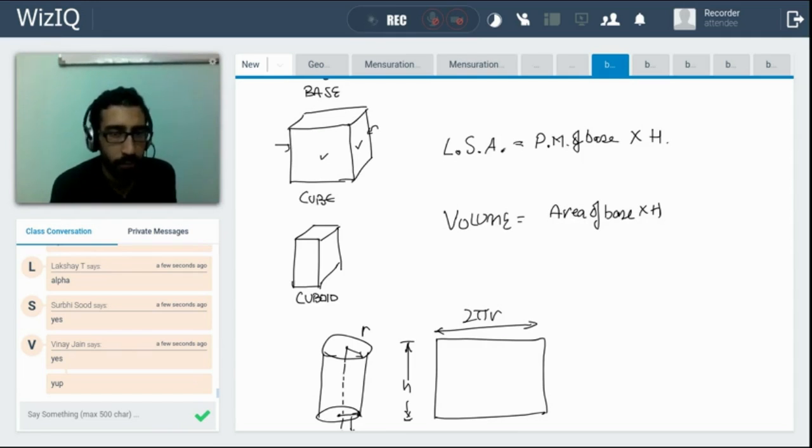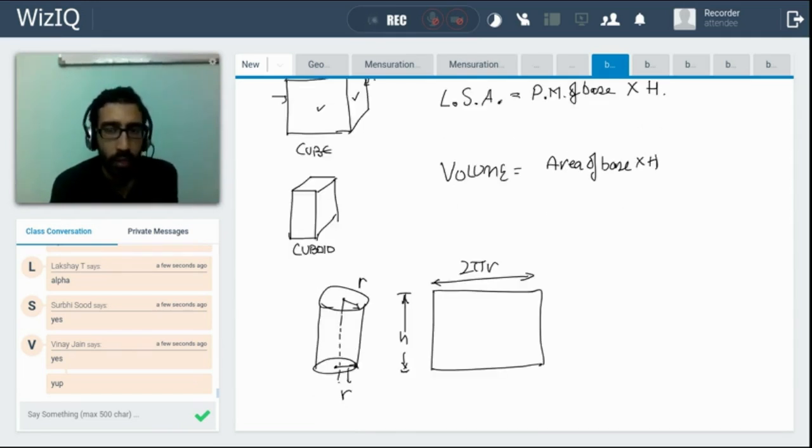And what is volume? The volume is essentially seen as, think of stacks of pi r square. Think of circles like this being stacked one on the other, one on the other, and they keep on stacking up to reach a certain height.